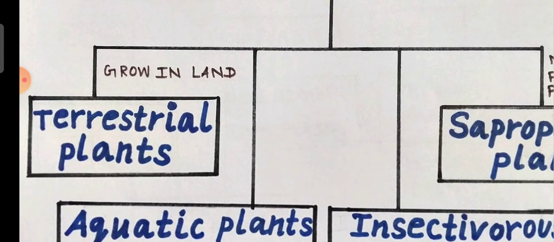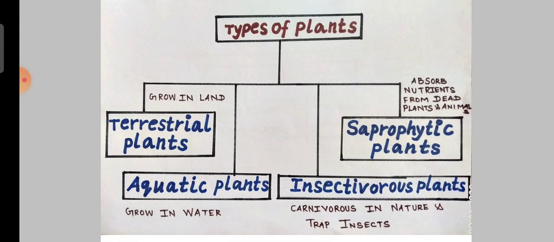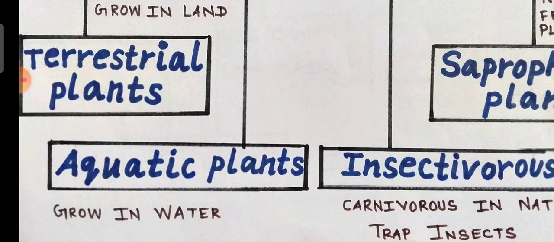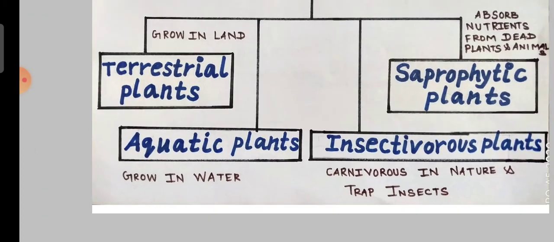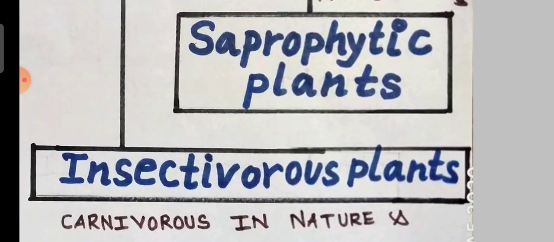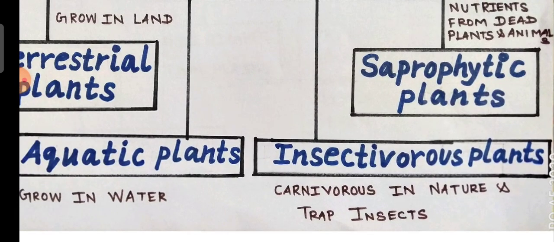Terrestrial plants are plants which grow on the land. Aquatic plants are the plants which grow in water. Insectivorous plants means some plants are carnivorous in nature and are modified to trap insects.